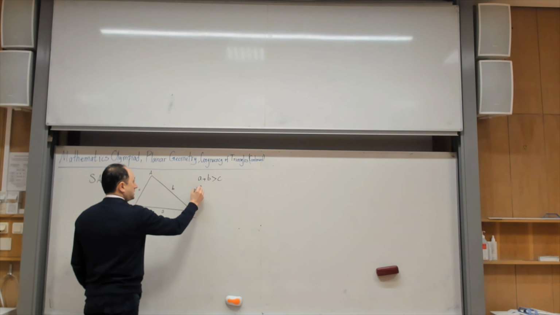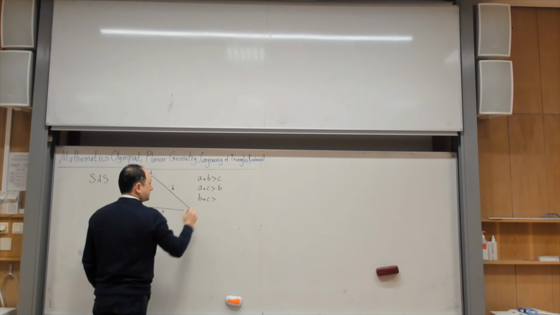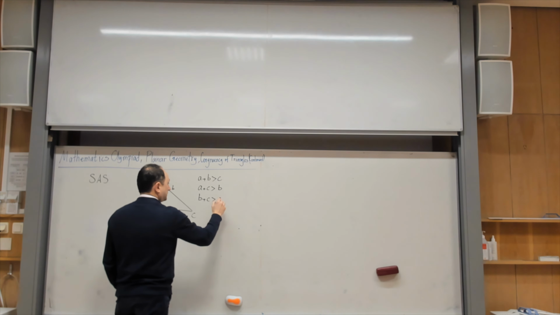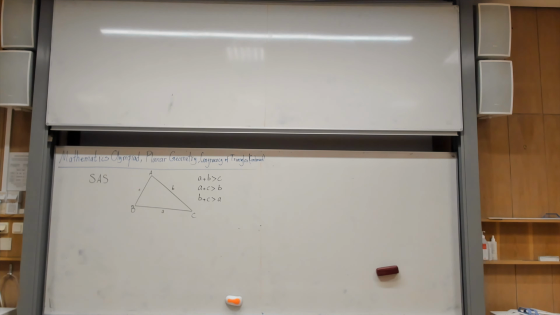A plus c is also greater than the third one. B plus c is also greater than the third one. So if I add two of them, it is definitely greater than the length of the third one. That's called the triangle inequality.